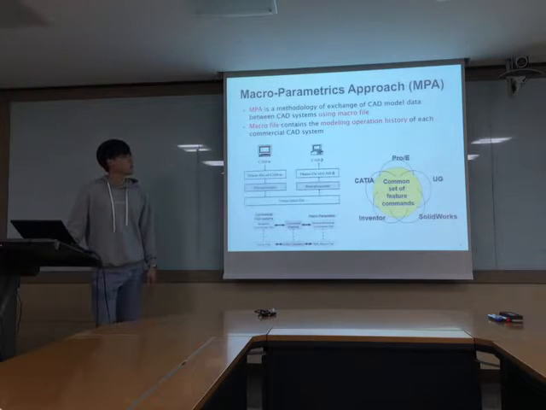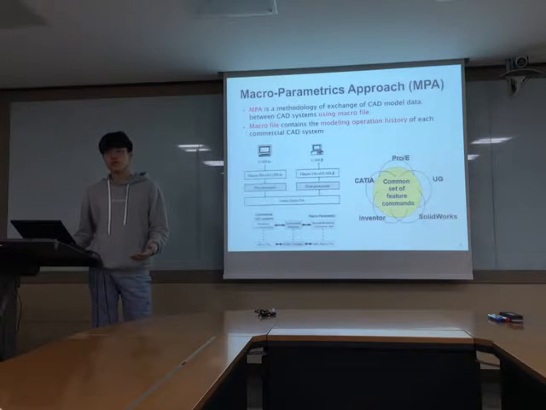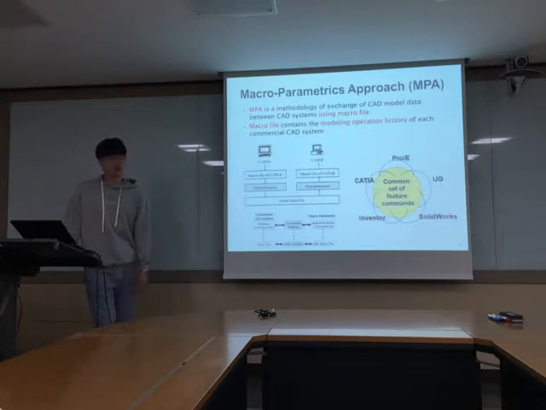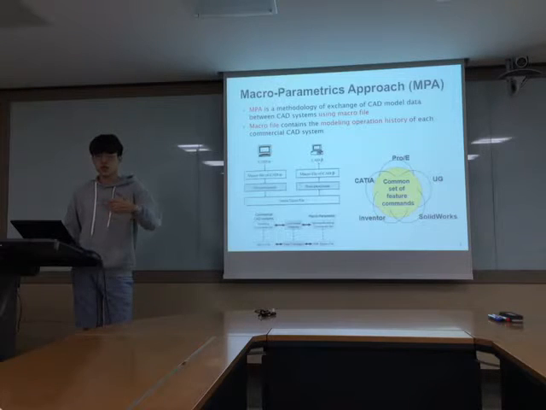As I mentioned, for the exchange of the feature and parametric information, we are using a macro file. I would say MPA is a methodology for exchanging CAD model data between CAD systems using a macro file. This macro file contains the modeling operation history from scratch to the end.